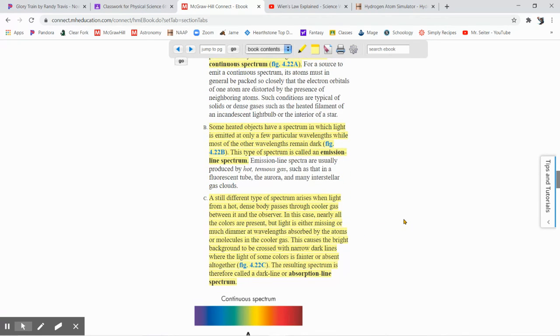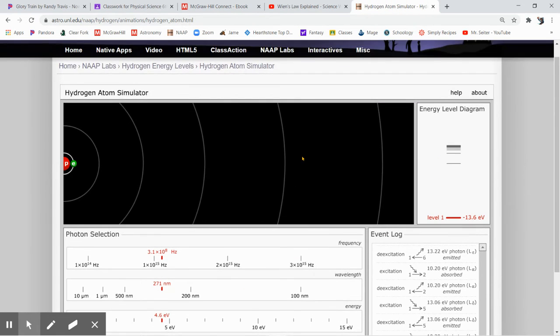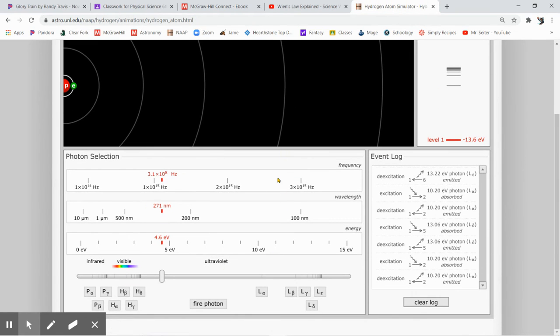Some heated objects have spectra in which light is emitted in only a few particular wavelengths, while most of the other wavelengths remain dark. This type of spectrum is an emission line spectrum. That's this right here. That is what we're getting from this. When we're shooting these in here, the electron goes back and it gives off that color.